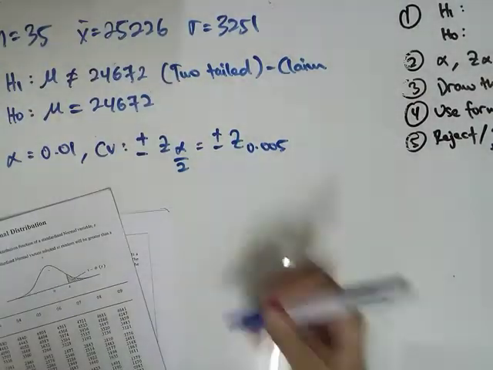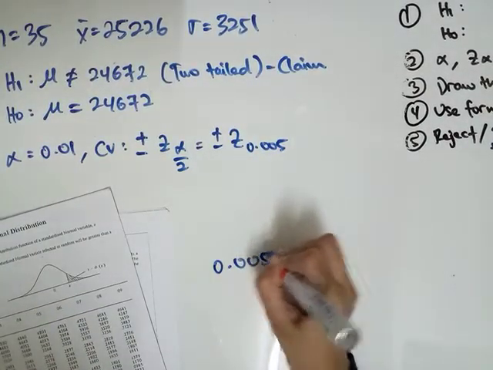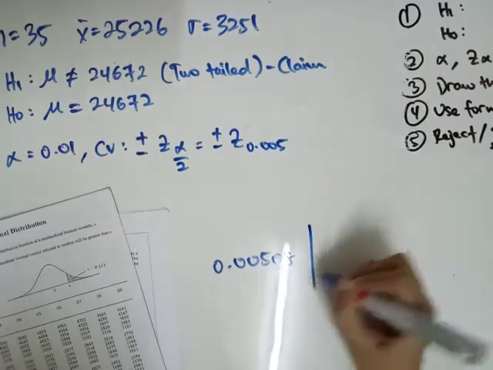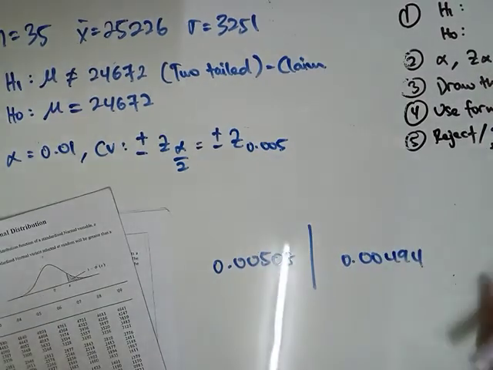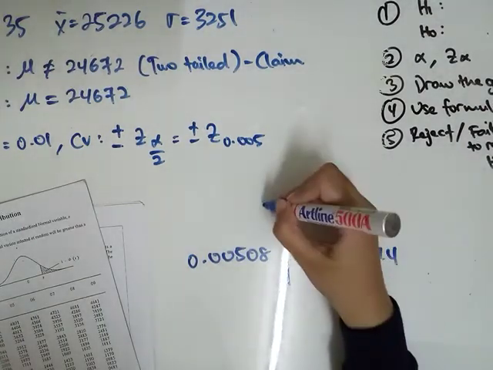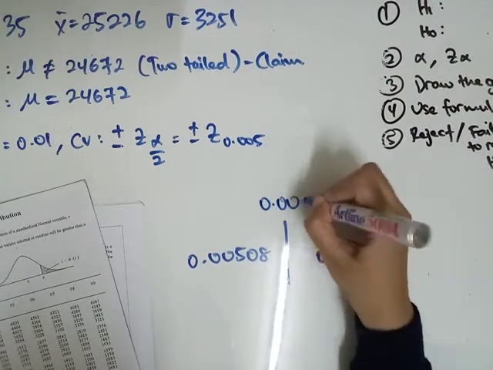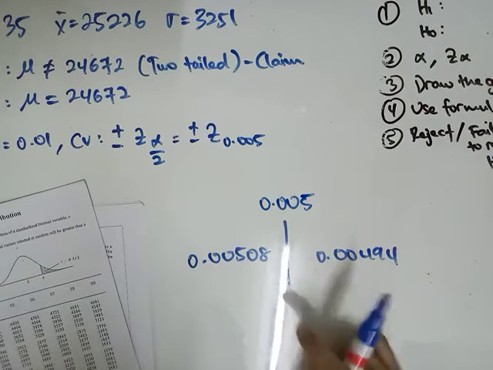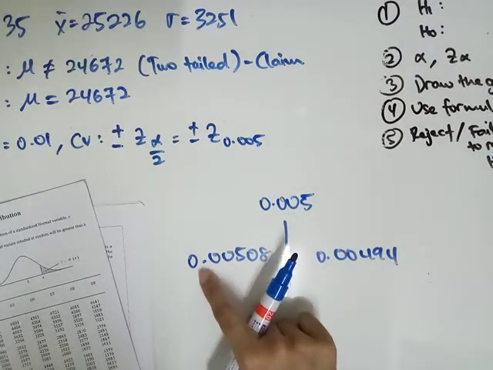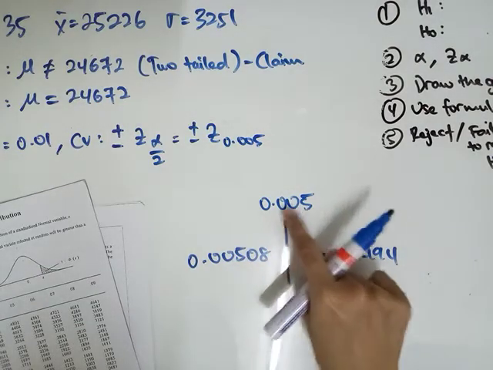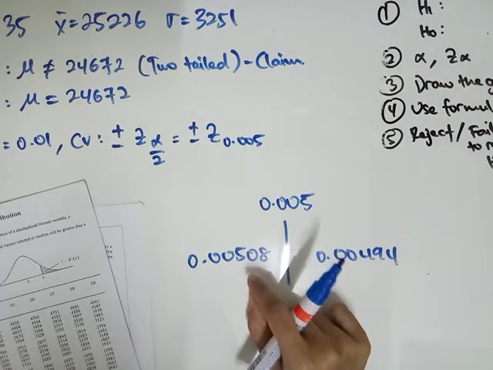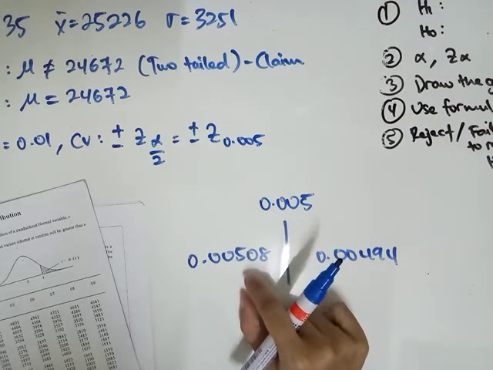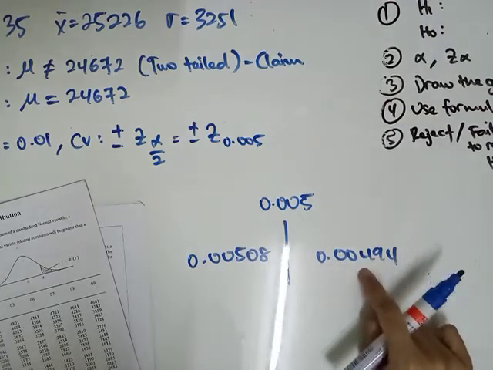We have 0.00508 and then 0.00494. So in the middle must be 0.005. Take the closest one. You need to subtract: 0.00508 minus 0.005, the difference is 8. For this one the difference is 6.